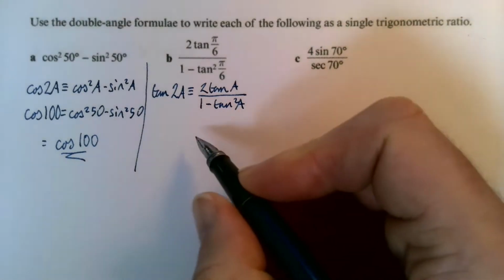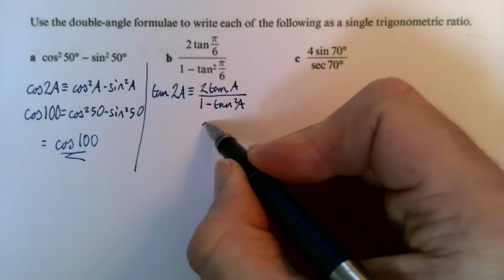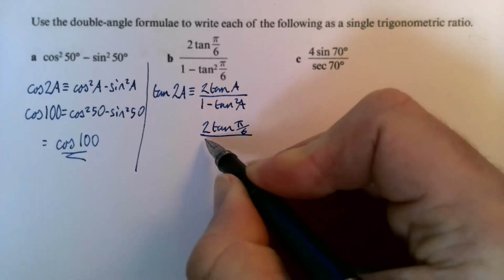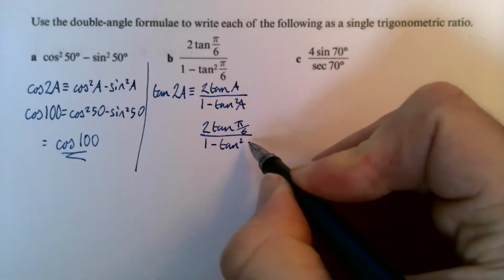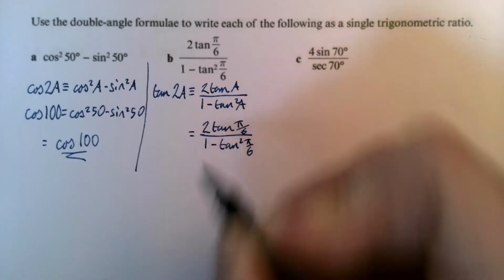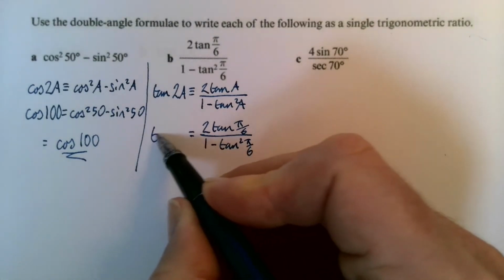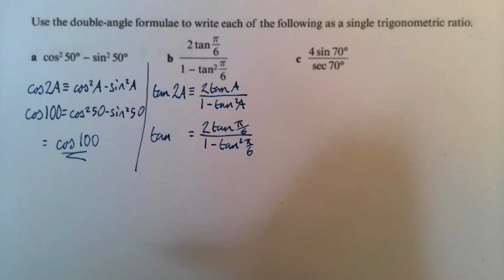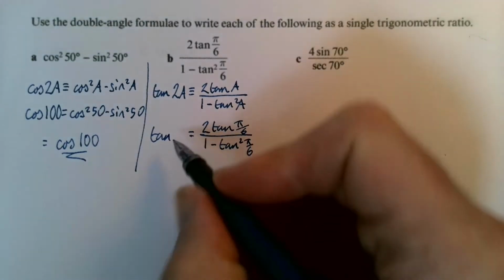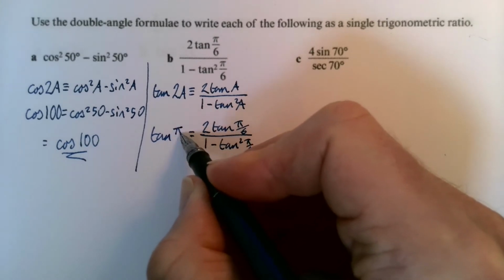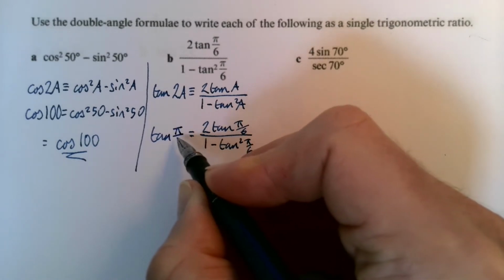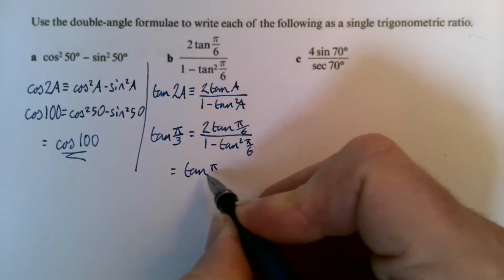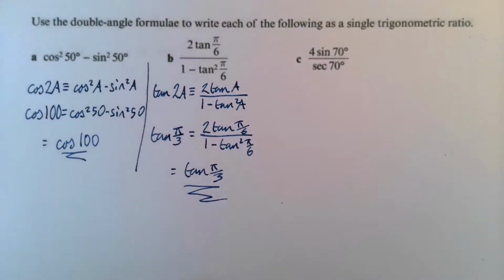So all we're saying here is that if we've got 2 tan pi over 6 all over 1 take tan squared pi over 6, that's going to be the same as tan of double the angle. Well, the angle here is pi over 6, so double that would be pi divided by half the number, 3. So tan pi over 3. There we go.